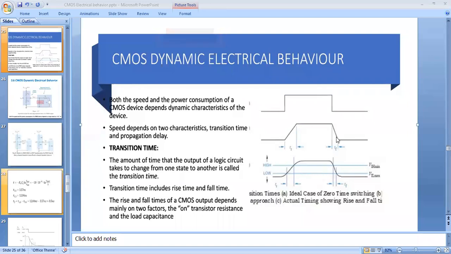The time required to change from high state to low state is considered as fall time, which is represented by TF. So to know the transition time, first of all we calculate rise time and fall time.